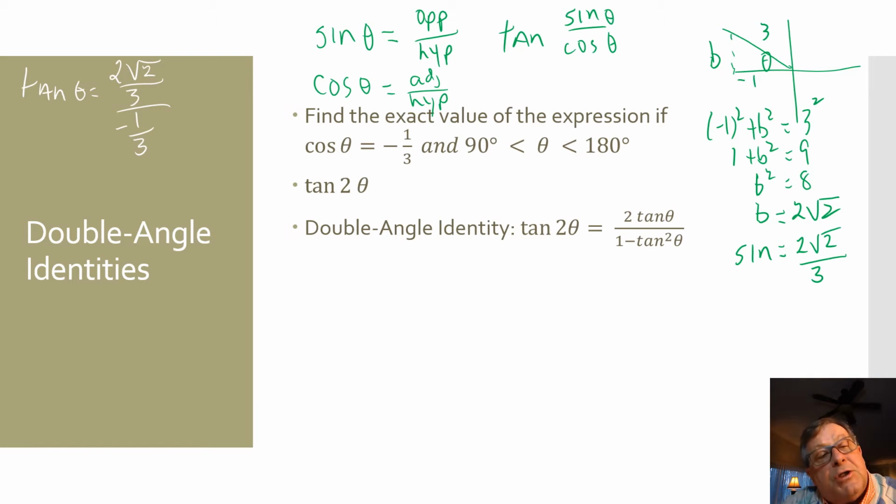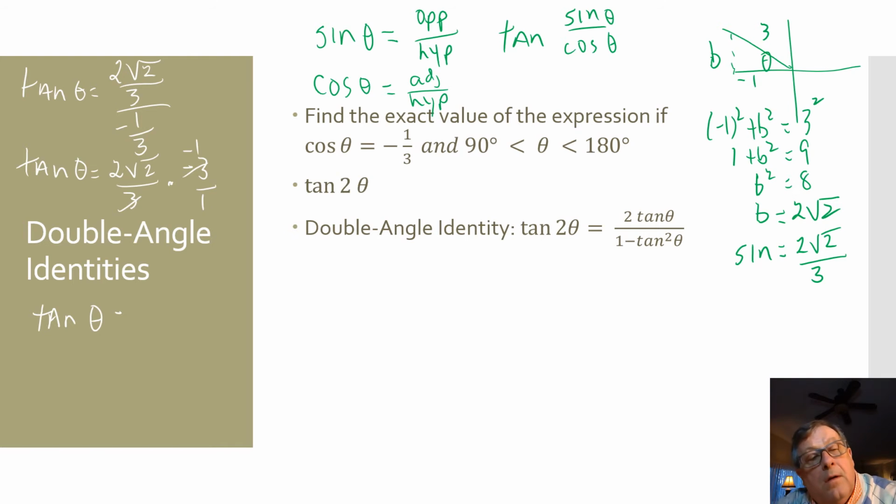So to find the tangent, we have 2 square root of 2 over 3, and we divide by that negative 1/3, which is the same as multiplying by negative 3 over 1. My 3's cancel out. So the tangent of theta in this example is negative 2 square root of 2.